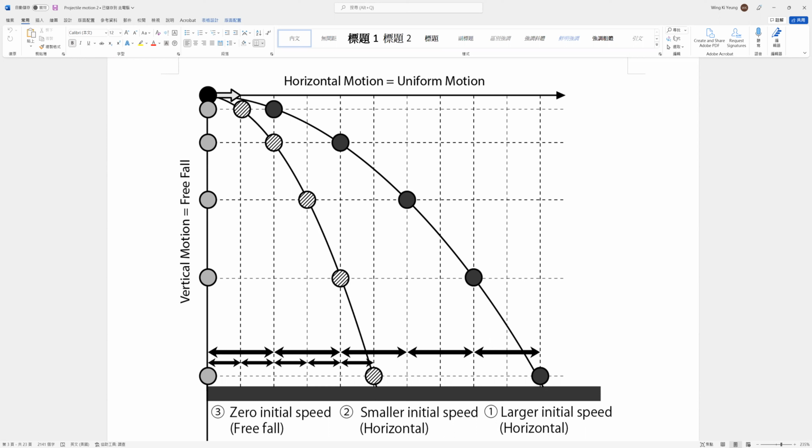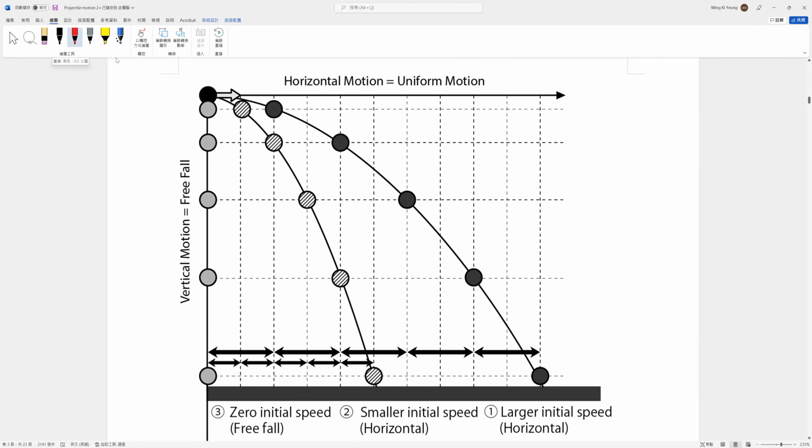For the gray one, you just release the ball from rest and it drops vertically. The shaded one and the black one are balls with some horizontal initial velocity. The black one has the largest horizontal velocity.